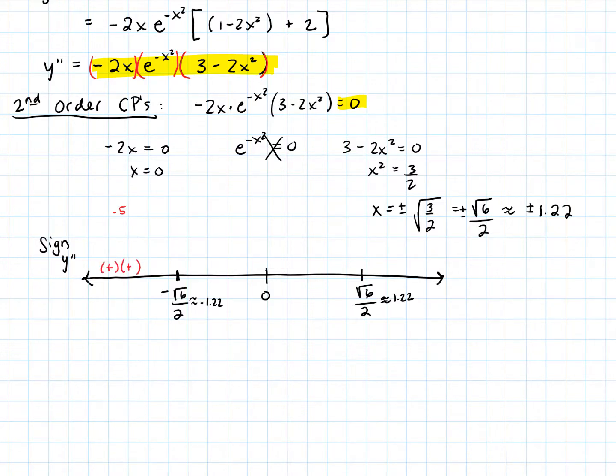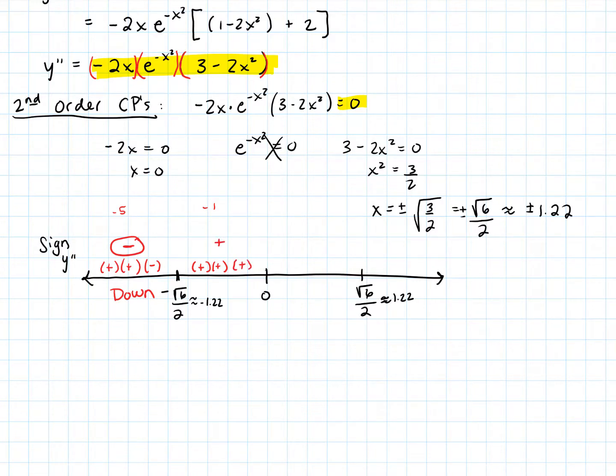E to the negative x squared is actually always positive, so positive, and then if I were to plug in negative 5 here, I would get 3 minus 50, so that's negative. So this means we are definitely concave down on this interval. Then something between, if I were to pick something like negative 1, I'm going to get a positive and a positive, and if I were to plug negative 1 in here, I just get 3 minus 2, and that's positive.